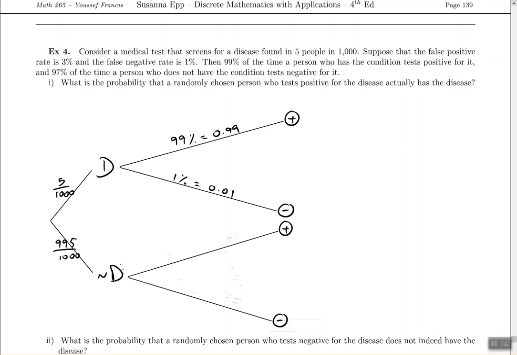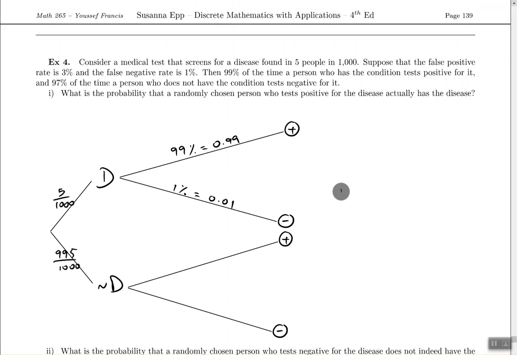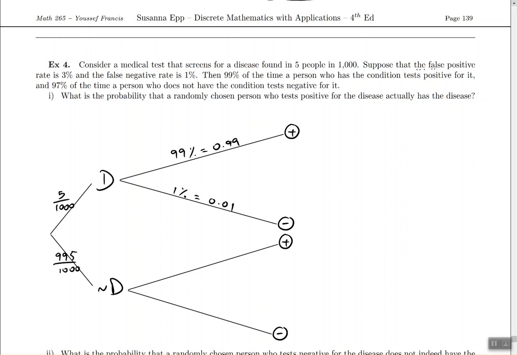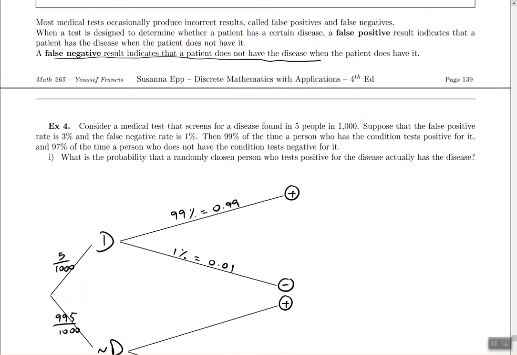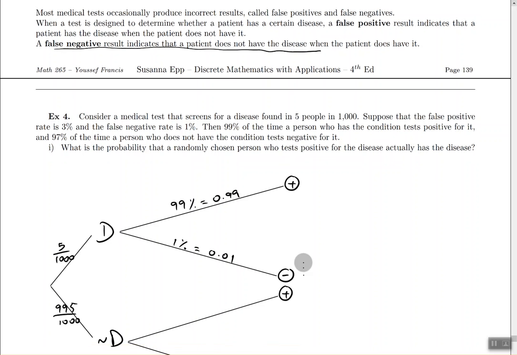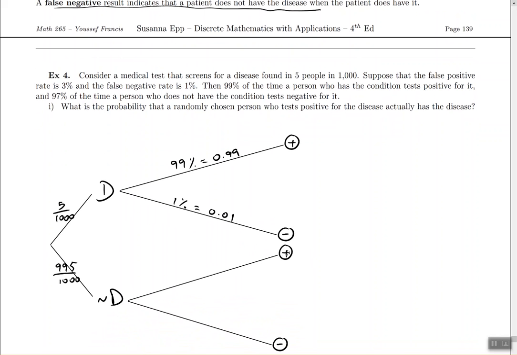So again, a person who does not have the disease could test positive for it or could test negative. Let's find out what the numbers are. It says that the false positive rate is 3%. What is false positive? It means that the patient has a disease when the patient does not have it. So these people don't have the disease, but the test is showing that they do.